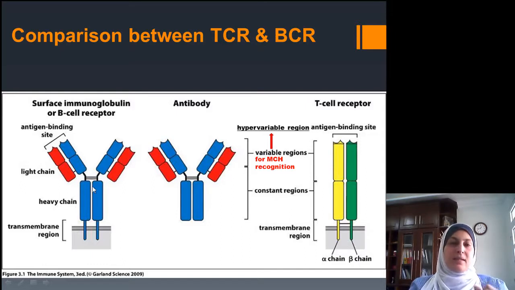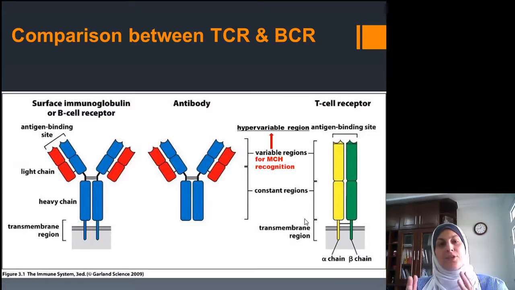So a B cell can produce antibodies that are identical in structure to the B cell receptors, but in a released form, while the T cell cannot produce antibodies similar in structure to the T cell receptor. And this indicates the differences in function between a B cell and a T cell.